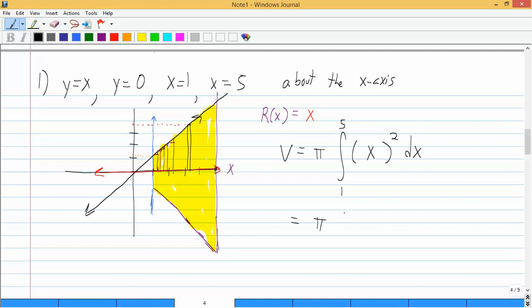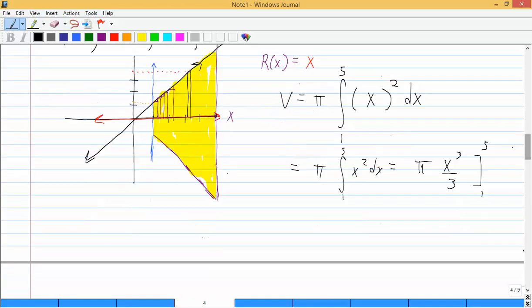All right, so we have x squared here. The integral of x squared is going to be x cubed over 3. I want to evaluate that from 1 to 5. And remember, we have that pi in front. That's our constant that we have to multiply it by.